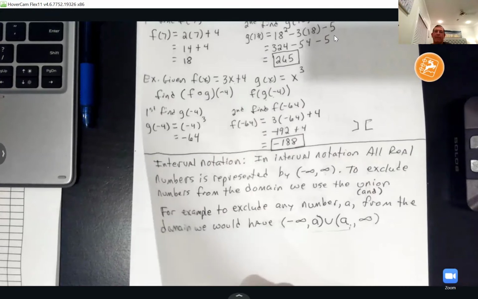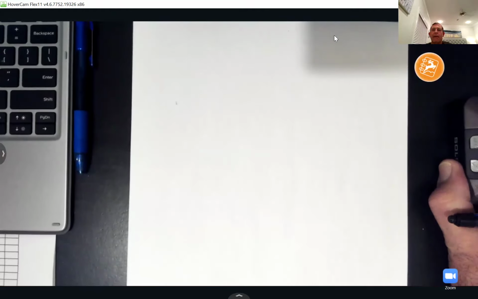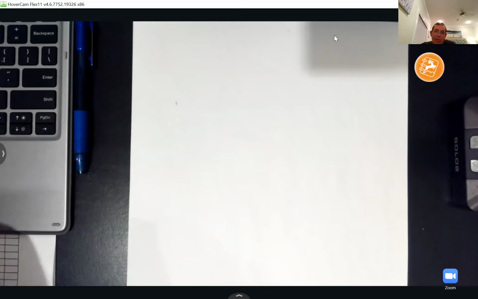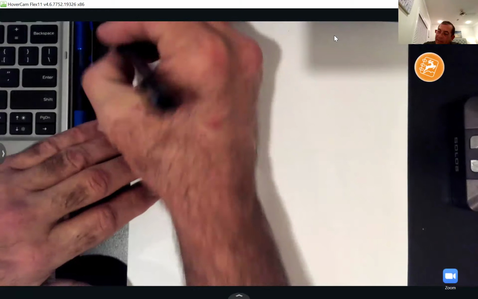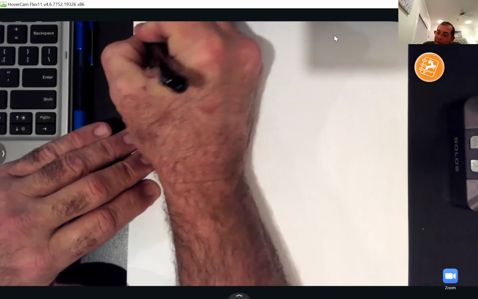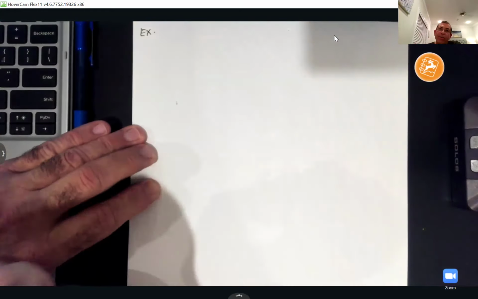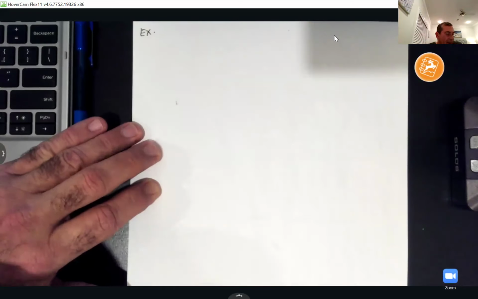So, let me get us started on these examples. Now, the thing about these examples, they're not giving me a number to put in, and they're wanting domains on them, okay? So these are a little bit trickier. And guess what?